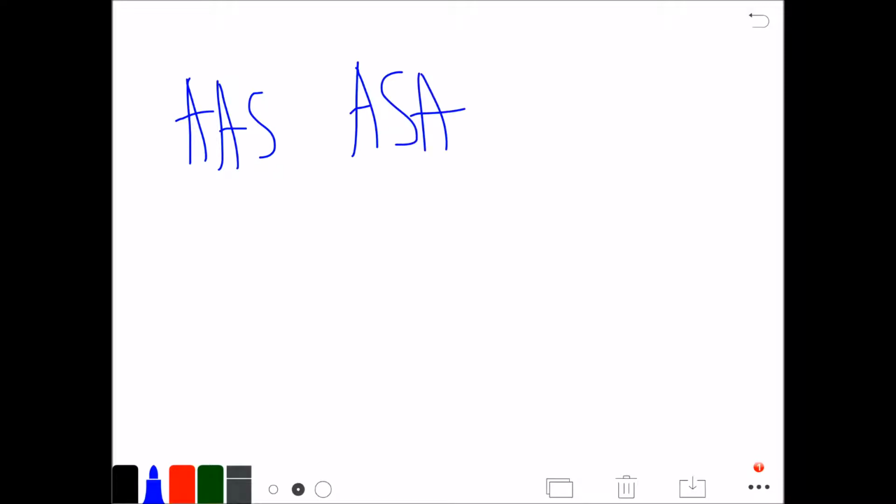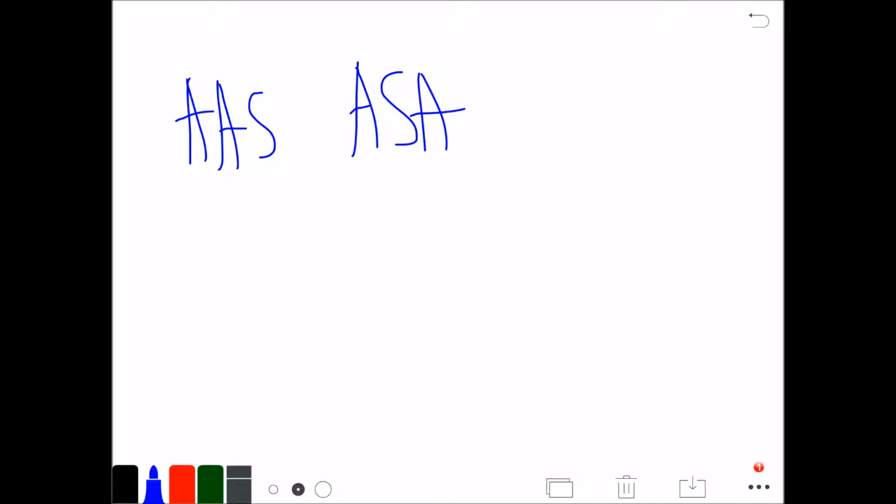Law of sines is used in angle, angle, side triangles, or angle, side, angle triangles, right? So remember way back in geometry, what you learned about side, angle, side, or angle, side, angle triangles?